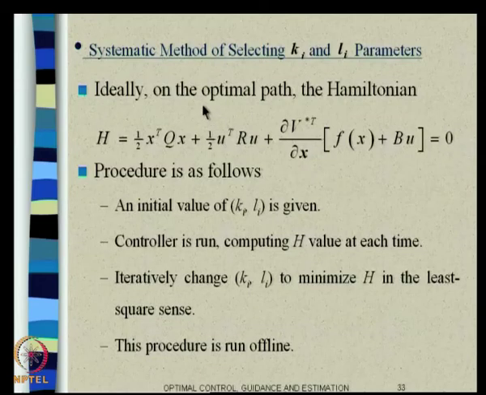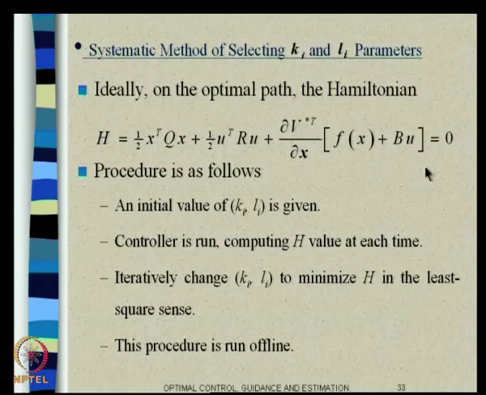Remember one of our basic earlier lectures, we said that in general on the optimal path the Hamiltonian is constant if it is not an explicit function of time. In addition to that, in the regulator problem, if it is constant and finally goes to 0, then it is 0 everywhere. Because as t goes to infinity, state and control both should go to 0, and the Hamiltonian, which is in this form, will all go to 0.